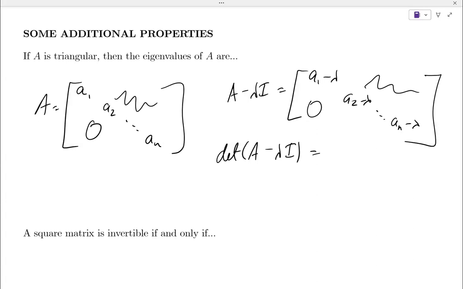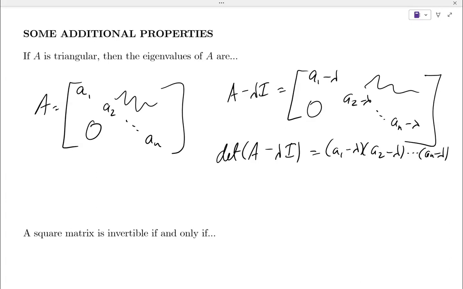Yeah, it's just those diagonal entries multiplied by each other. Can you find the zeros of that pretty quickly? Yeah, it's already factored. What are the zeros? Yeah, A1, A2, AN, just the diagonal entries, right?